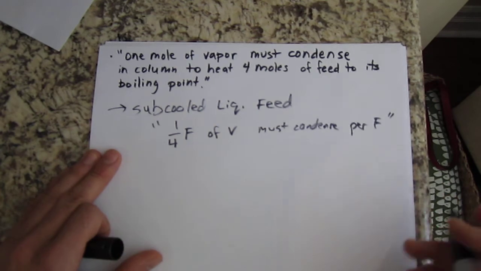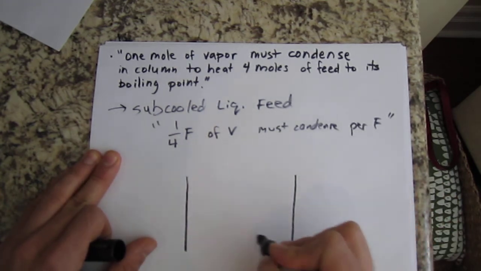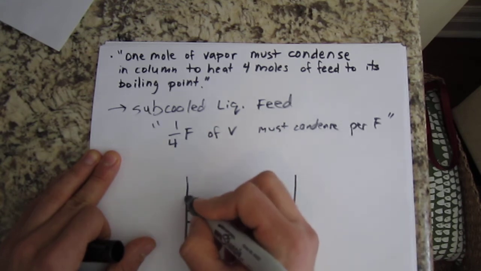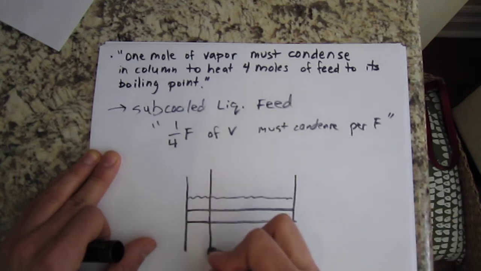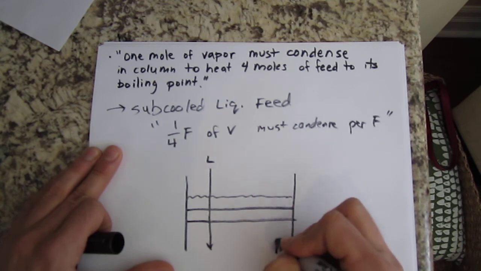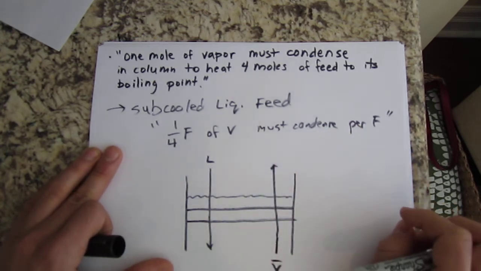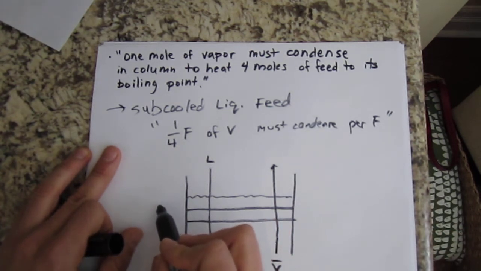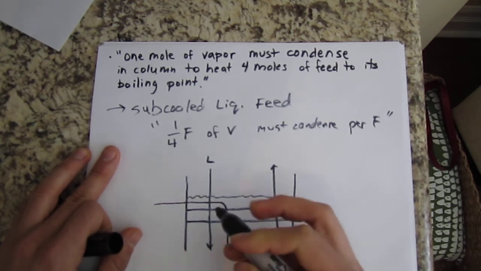So if we do this balance around a tray, if that's the tray and that's the mixing layer, then L drops through, V bar moves up. So we're adding F as a liquid now, so that means the feed is going to drop through as a liquid.